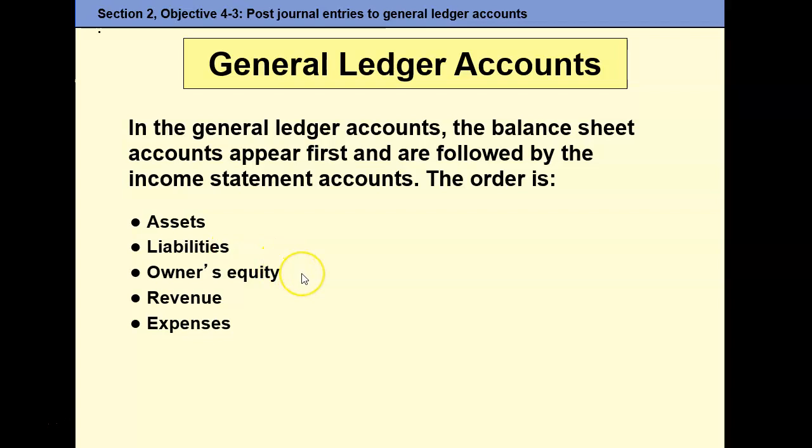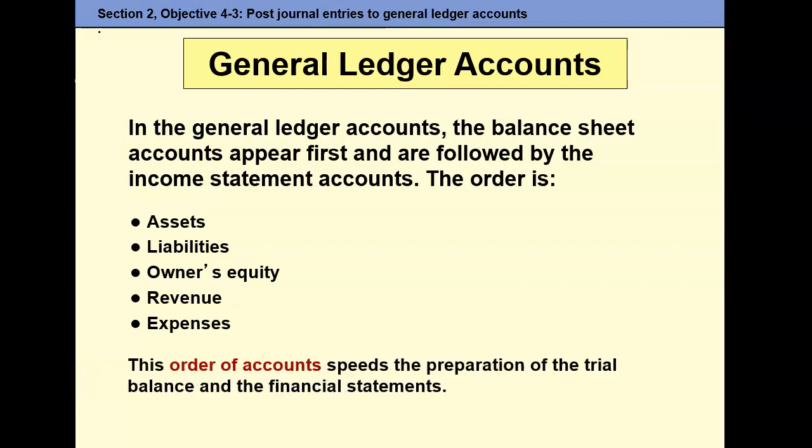Next, you list your owner's equity accounts, followed by your revenue accounts. And last, you're going to list all of your expense accounts. So when you are preparing the ledger, this is the order of the account titles: assets first, liabilities, owner's equity accounts, revenue accounts, followed by your expense accounts.